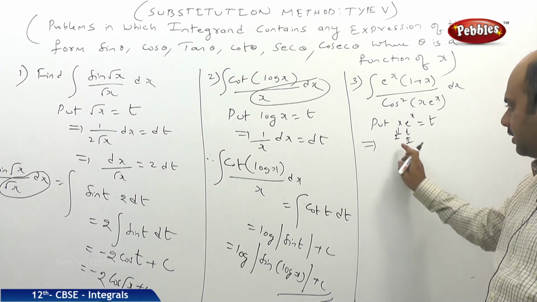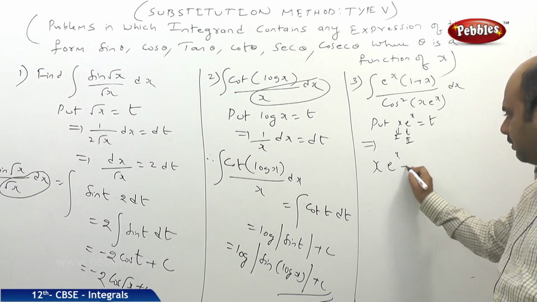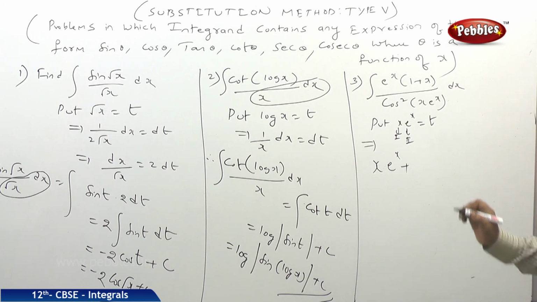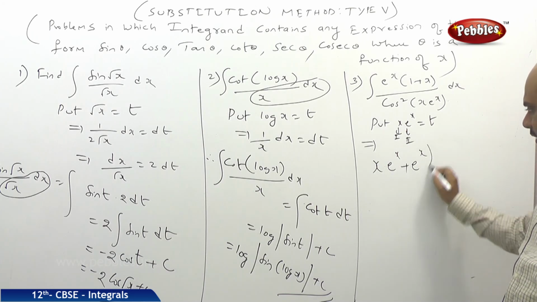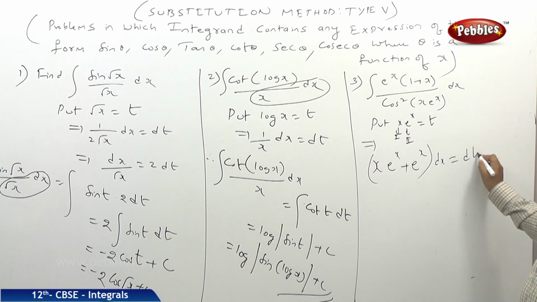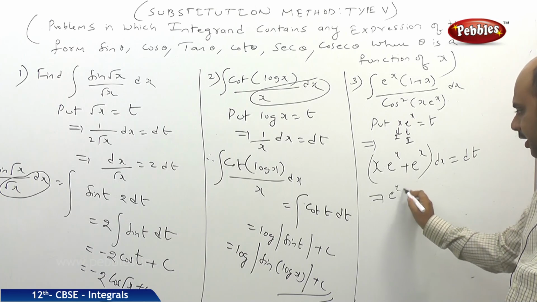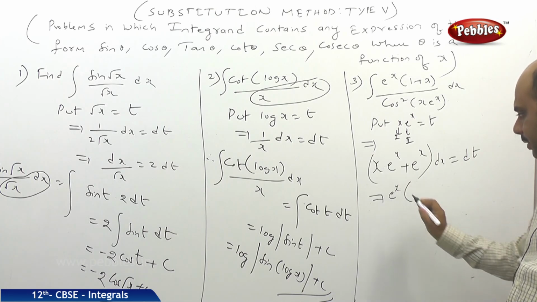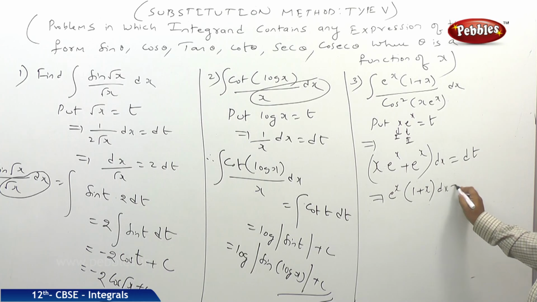So 1 into derivative of 2: x into e power x, because derivative of e power x is e power x, and e power x into derivative of x is 1, and here there is dx, and this becomes dt. So finally, taking e power x as common, e power x into 1 plus x, outside dx, becomes dt.